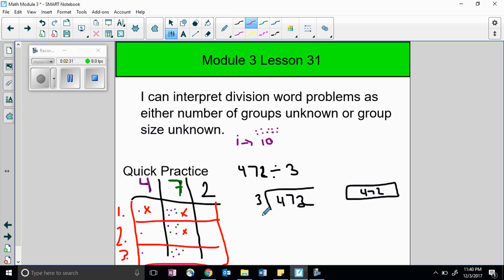So if 1 moves over as 10, 2 must move over as 20.